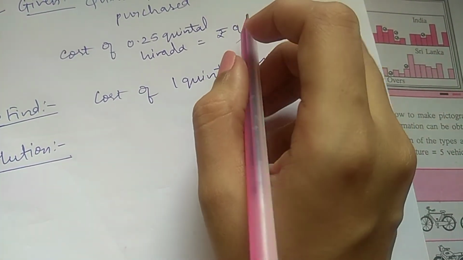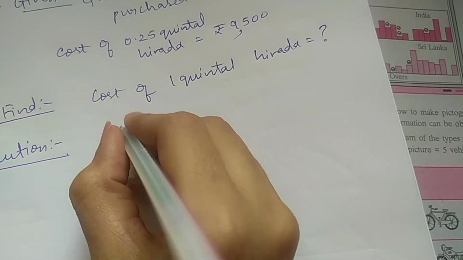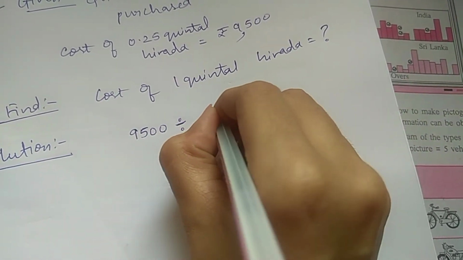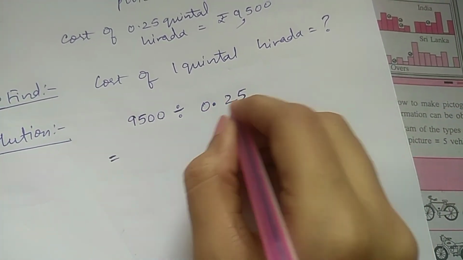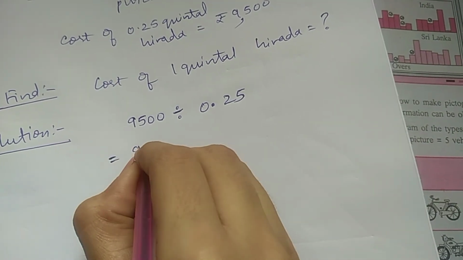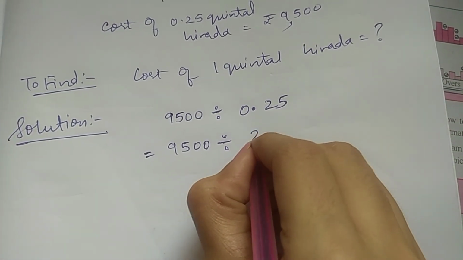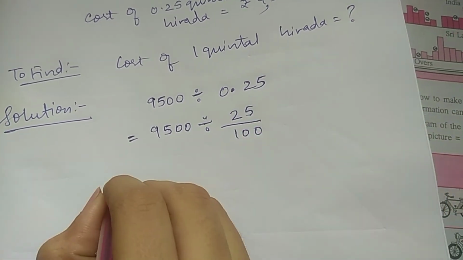So 9,500 divided by 0.25. Again 0.25 is a decimal, our divisor is a decimal, so we will convert it into a common fraction. 25 we will write, after the decimal 2 numbers are there, so 100.